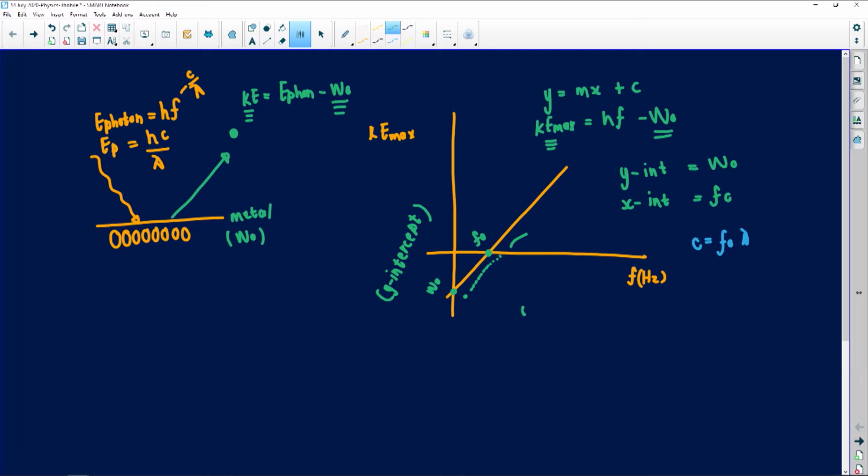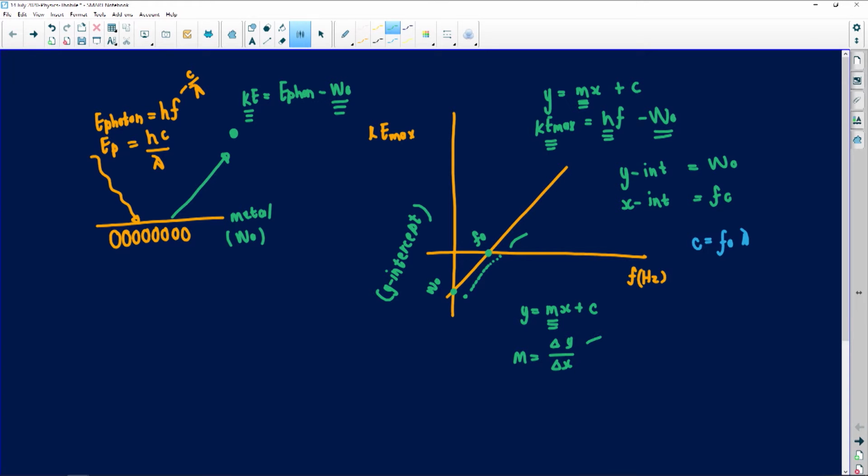And then something to also add on. If you are given y is equal to mx plus c, I'm looking at m. Remember, in mathematics, m is your gradient. In this case, m is my h, which is Planck's constant. So to find my m in mathematics, we say change in y over change in x.